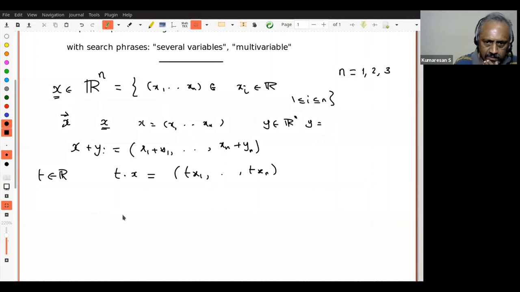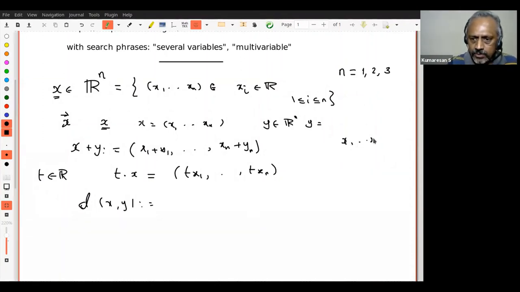There are a few things I would like to talk about. As we did with R2 and R3, we want to define the distance between two points. In R3, if I have the vectors x1, x2, x3 and y1, y2, y3, instead of x, y, z, I'm writing in terms of 1, 2, 3.